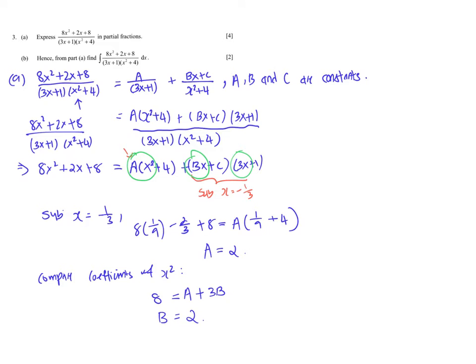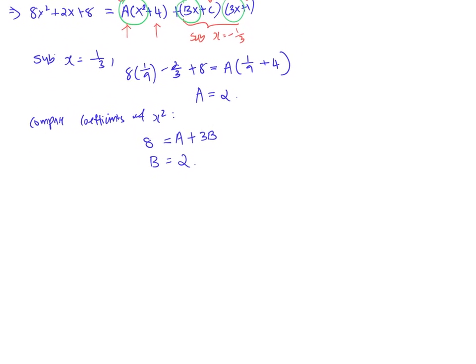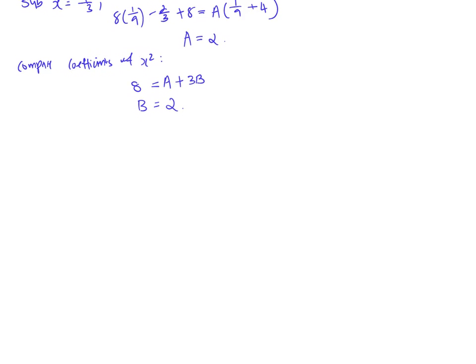That leaves us with finding C. Likewise, I'm going to compare the constant terms now. As we can see here, the constant term comes from A multiplied by 4 and also C multiplied by 1 and nothing else. Let's write this equation down to give you our C. If you have not copied, don't worry, pause the video and you can just write it down.